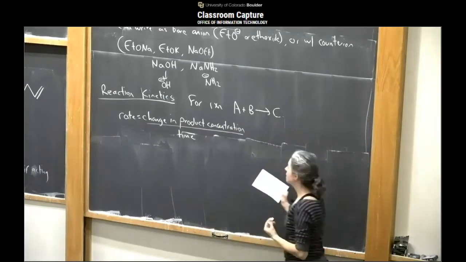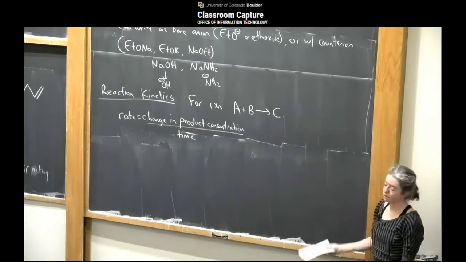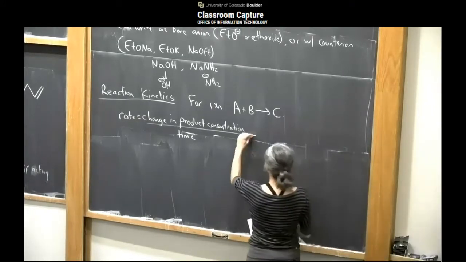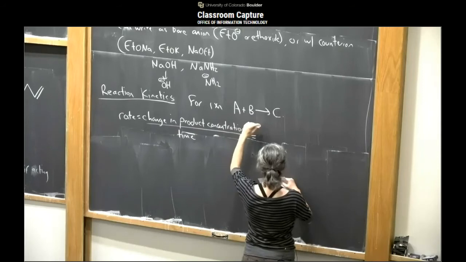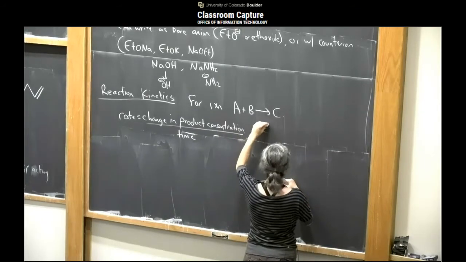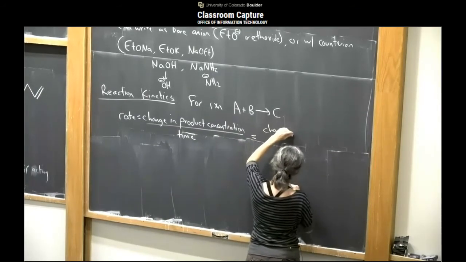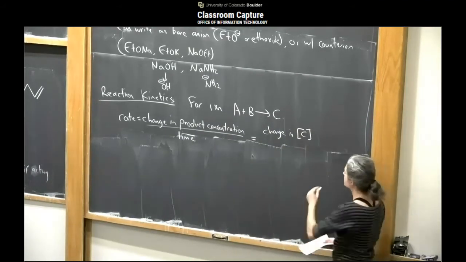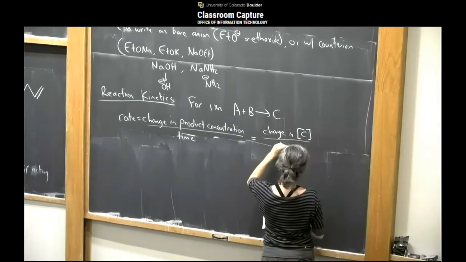And if you remember, we use square brackets around the name of something to indicate its concentration. So we're looking at the change in the concentration of C over time.